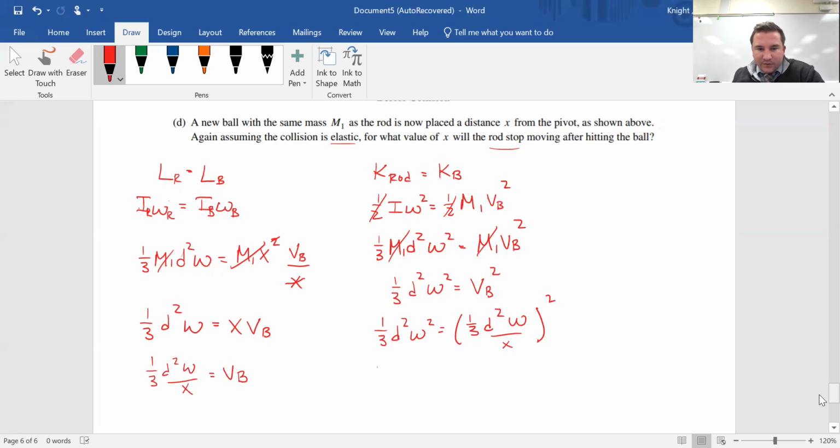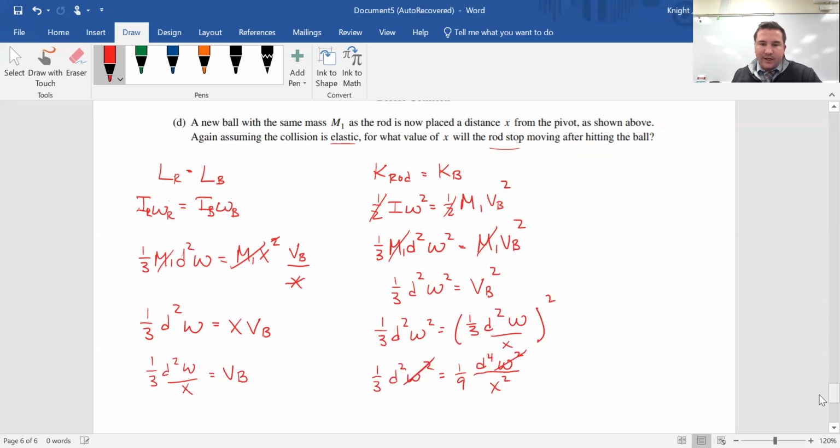We got to square everything out. So 1/3 D squared omega squared equals 1/9 D to the 4th omega squared over X squared. And hopefully I did all that right.